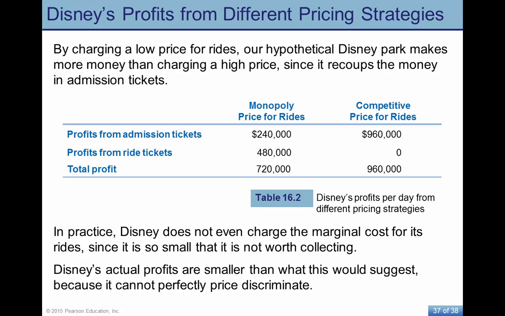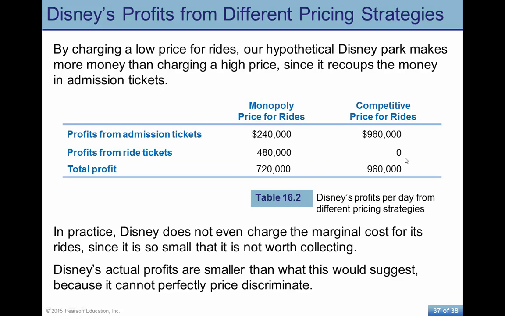Look at here. Monopoly price for rides, profits from admission tickets, $240,000. Competitive price for rides, profits from admission tickets, $960,000. Profits from ride tickets, $480,000 for monopoly.